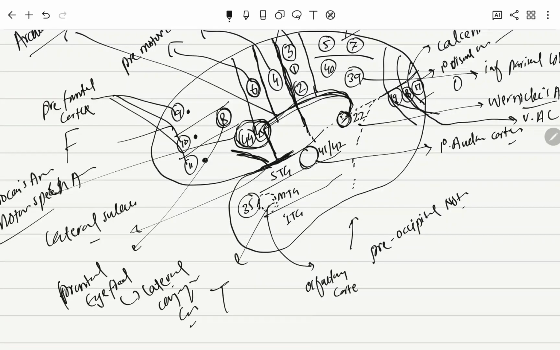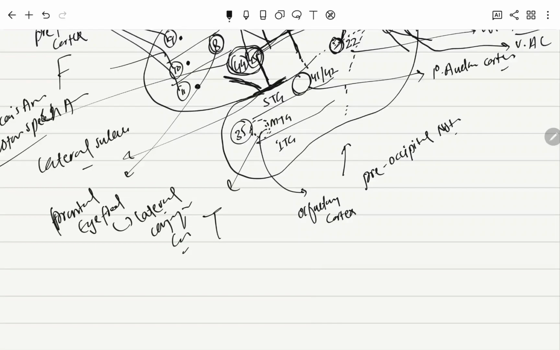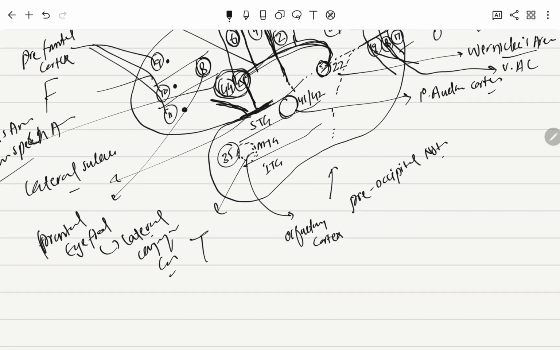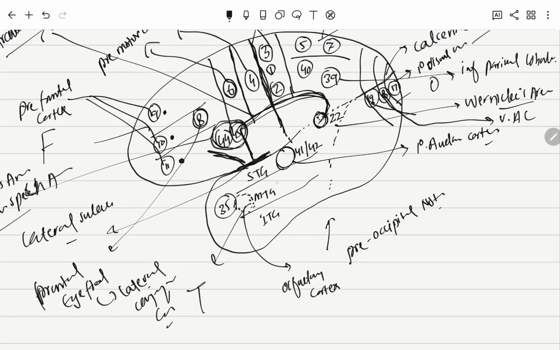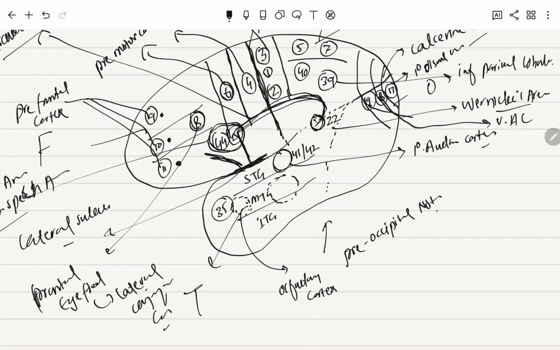And on the medial aspect of the temporal lobe, we will have another important area that is responsible for our short-term memory. We'll have the hippocampus, right? So this will be responsible for our short-term memory.